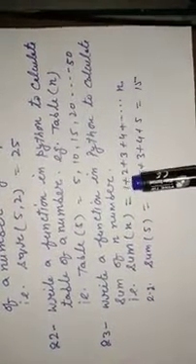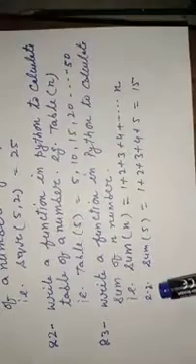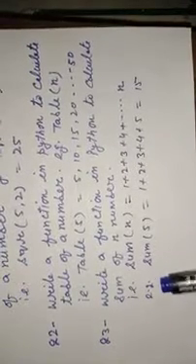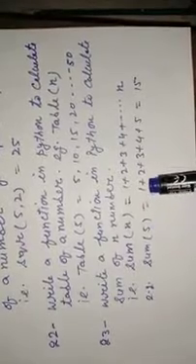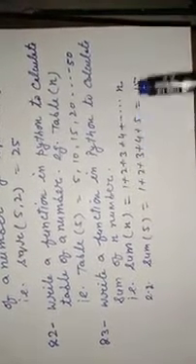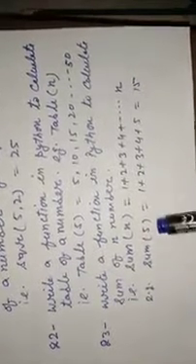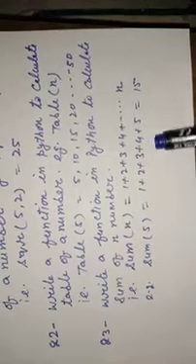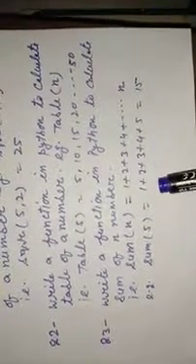It will sum the numbers from 1 to n, which means 1 plus 2 plus 3 plus 4 plus 5 up to n. Suppose you pass the argument as 5, then it will sum 1 plus 2 plus 3 plus 4 plus 5, which means 15. If you pass the argument as 10, then 1 plus 2 plus 3 plus 4 plus 5 plus 6 plus 7 plus 8 plus 9 plus 10, which means it will display the result.